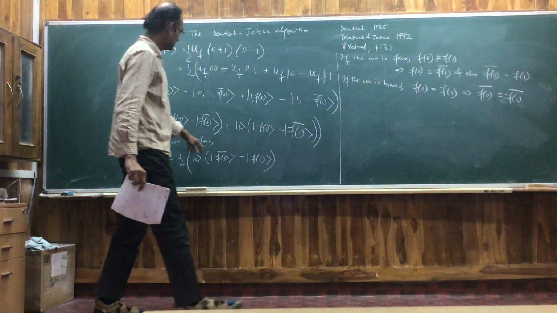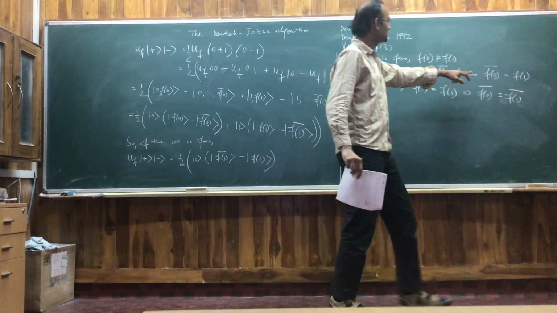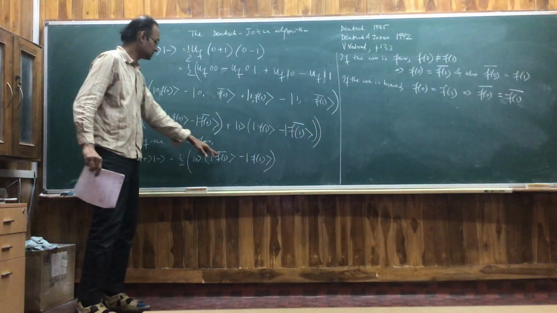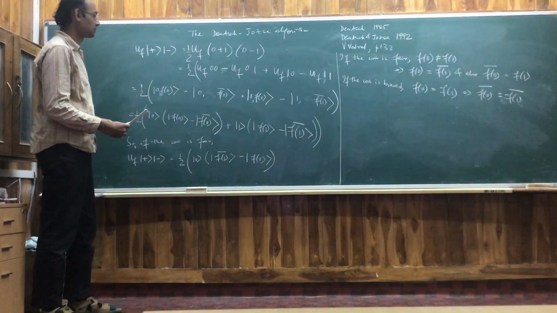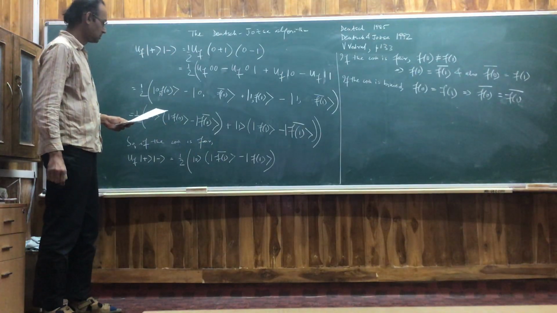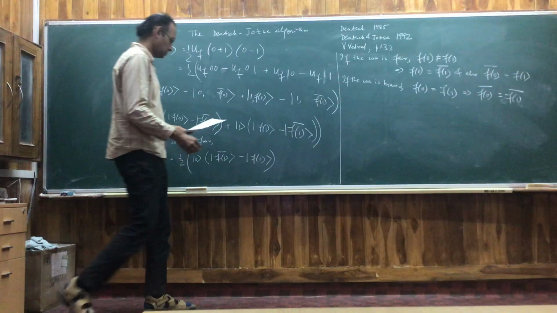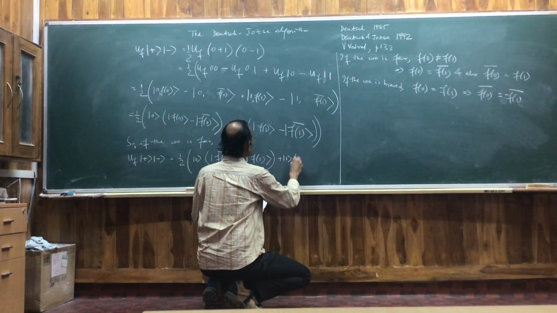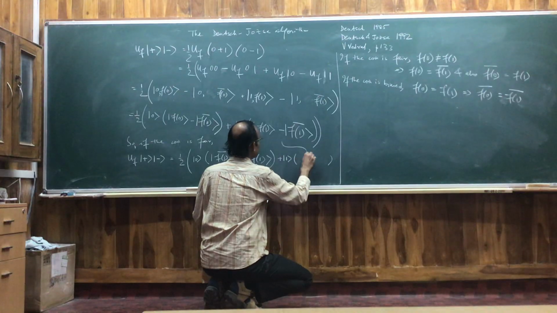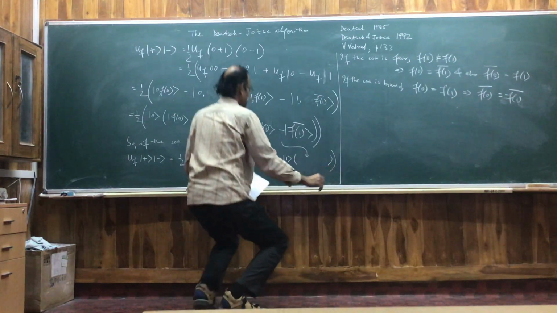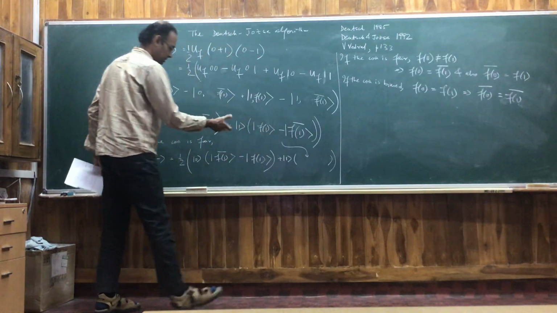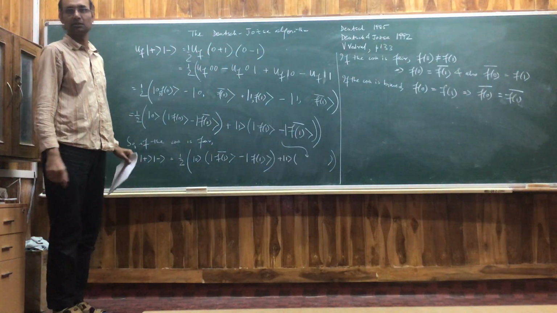Because F0 is F1 bar and F0 bar is F1, so I replace these things here. And this I keep as it is, the same thing. But now you see that this thing and this thing are the same thing except for a sign change.